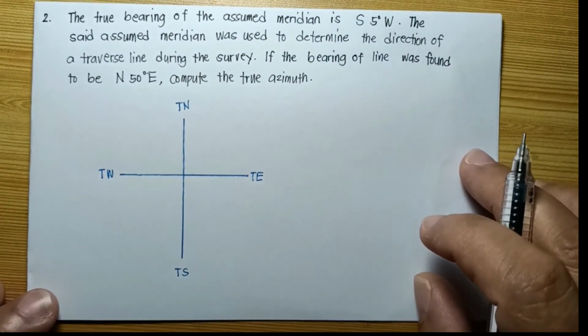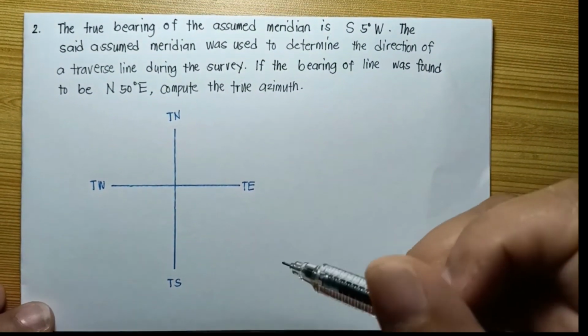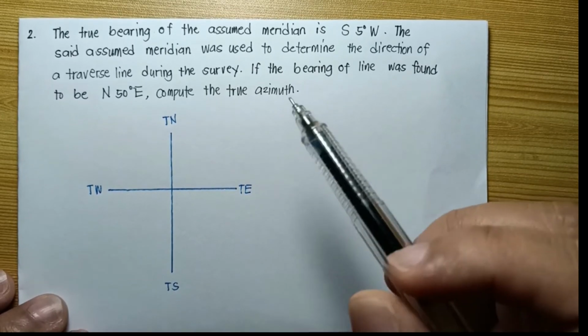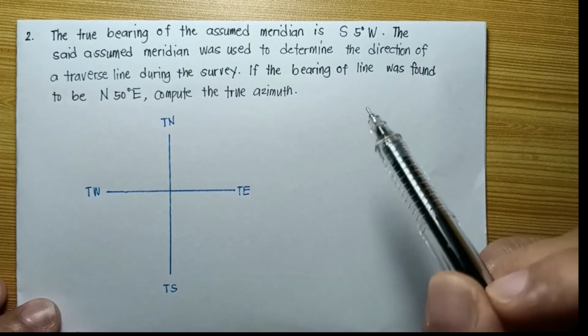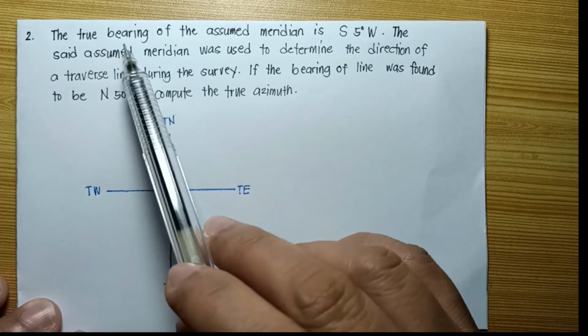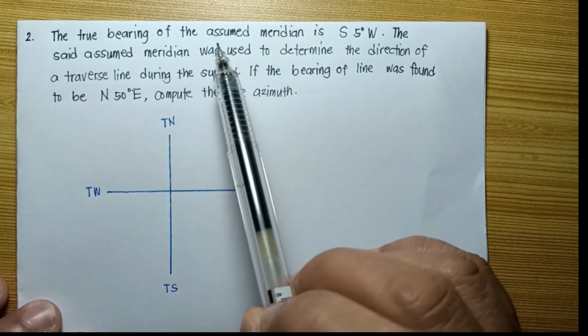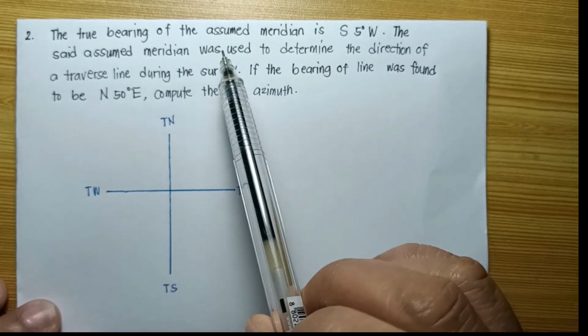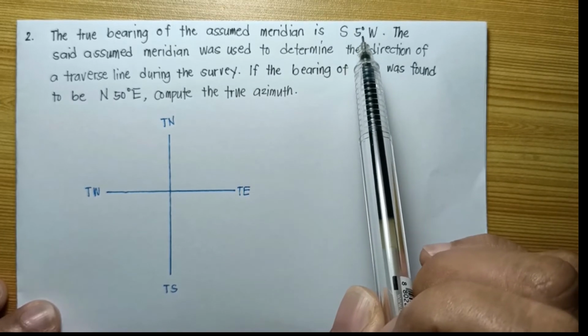Okay, after sketching the true meridians, we now draw the other meridians. So the problem mentions the assumed meridian, which is south 5 degrees west.